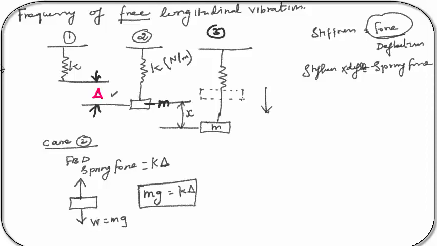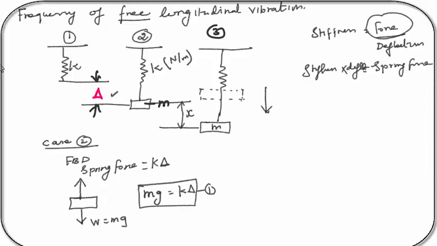We calculate it from the stiffness formula. Stiffness is force divided by deflection, so the spring force is the stiffness of the spring times the deflection it has undergone because of the applied force. Now we've got the condition mg is equal to k delta.